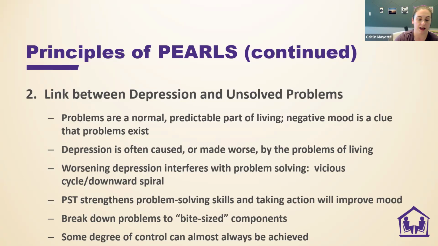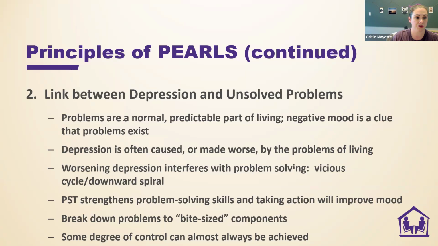Second principle is that there is a link between the depression that they are experiencing and unsolved problems. Everybody has problems. That's normal. They can create a negative mood, and that negative mood is a clue that there are problems somewhere. They may not even know what those are yet, but that's what they're going to be getting to. The depression might be caused or exacerbated by whatever the problems are.